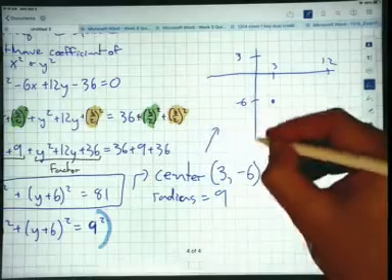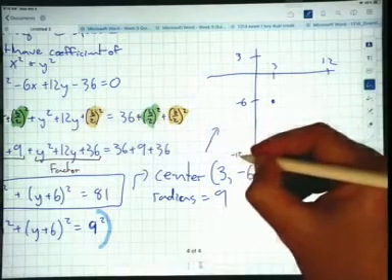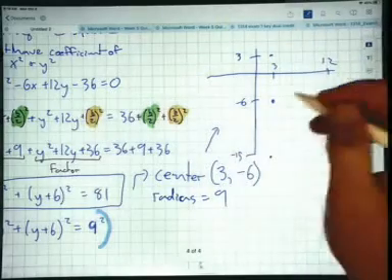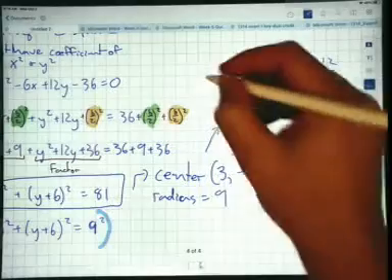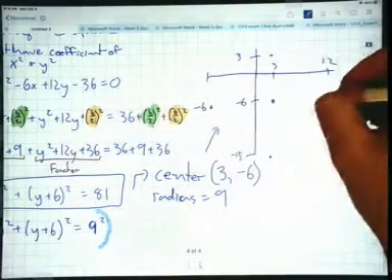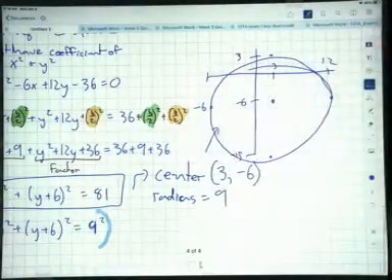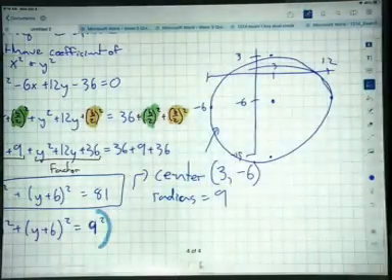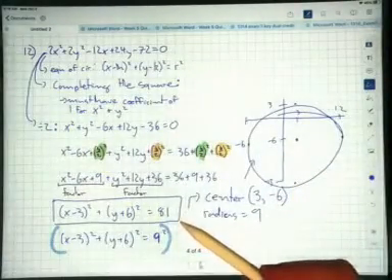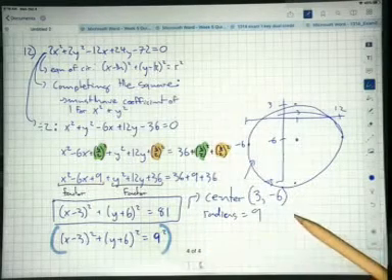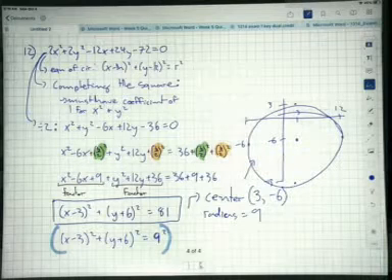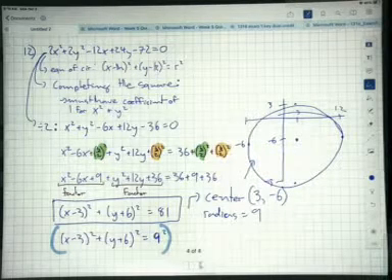I would go down 9 all the way to negative 15. You can see it's not going to be an exact, great looking circle, all the way back here to negative 6. And I could graph this circle. That's an ugly looking graph because it's not exact, but that's what you get to do once you have the equation in the standard form of a circle. You can determine the center and the radius, and we're done.